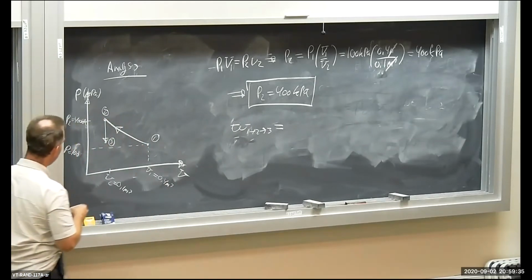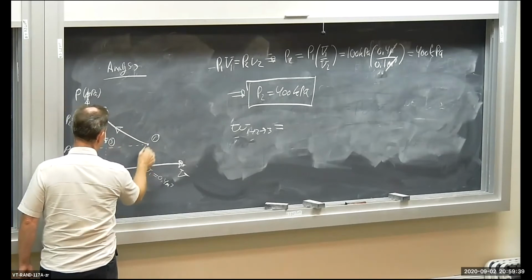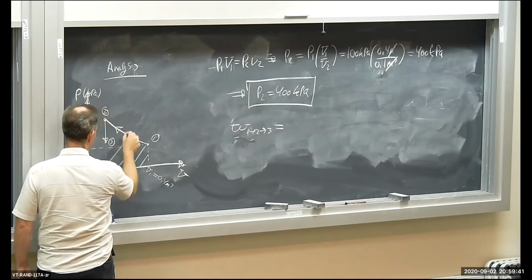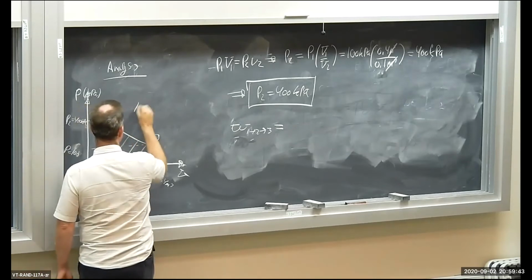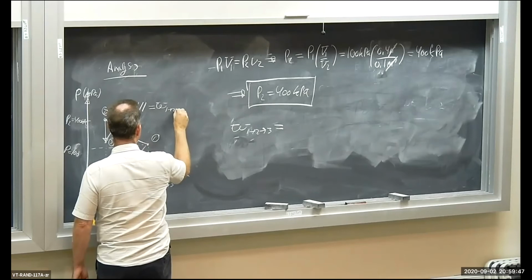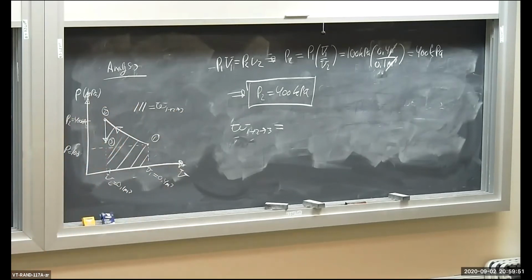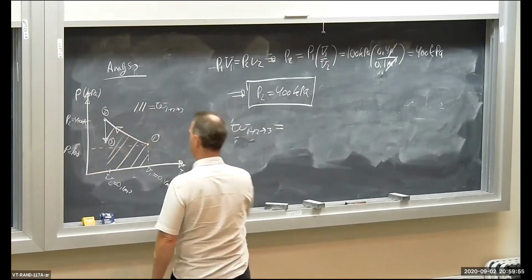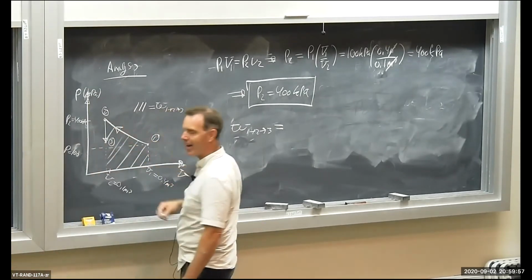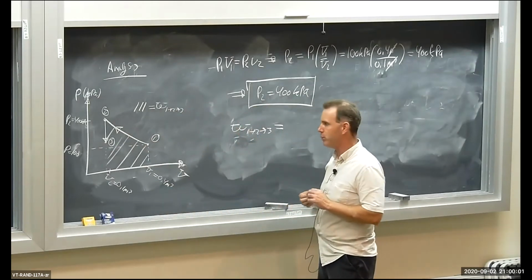Of course, the work is the entire area under the curve. So the boundary work from 1 to 2 to 3 is given by the area under the curve, all right? This is not a straight line here, so you cannot estimate the area under the curve using some sort of geometry, all right?